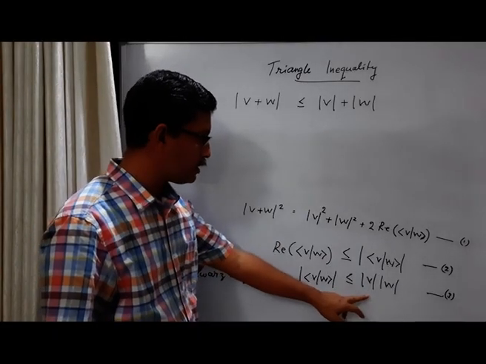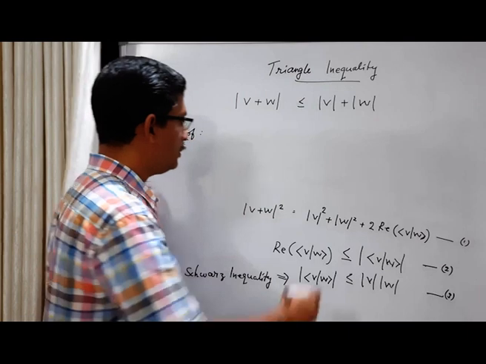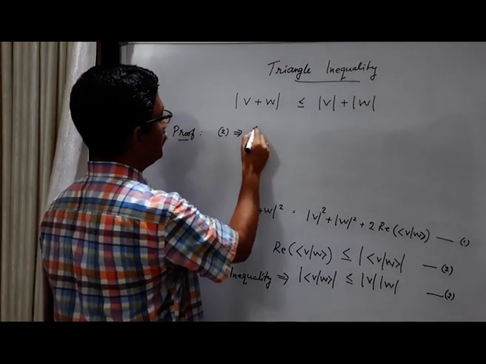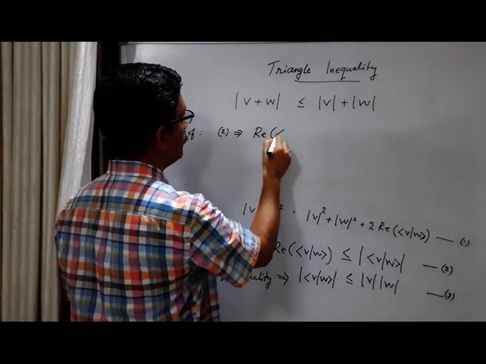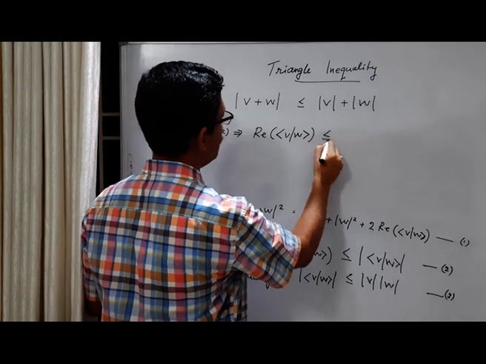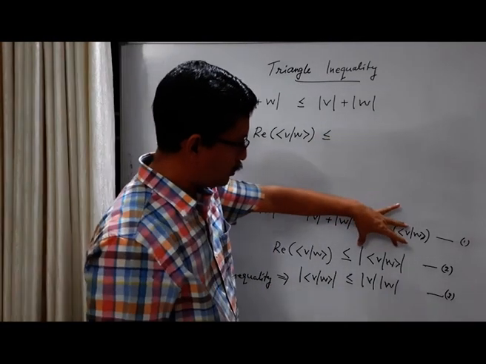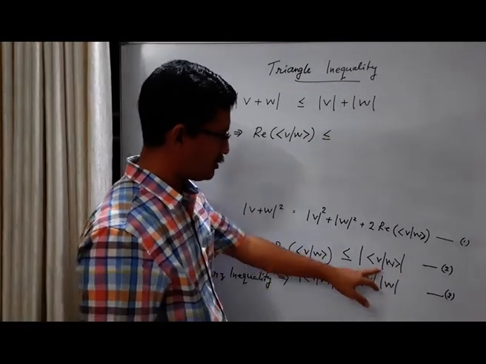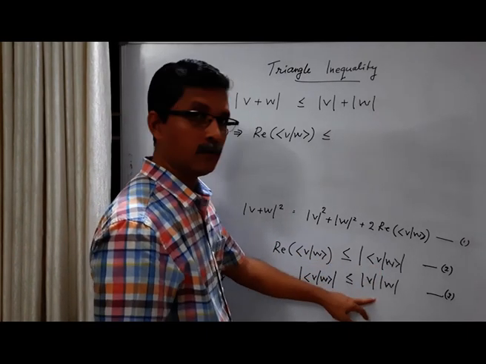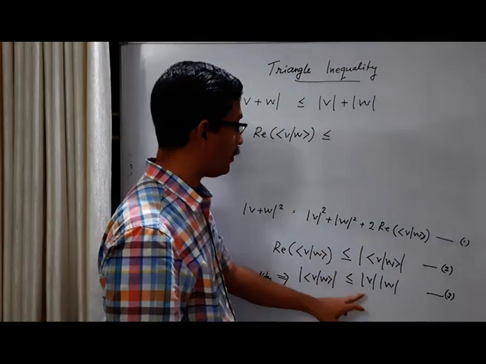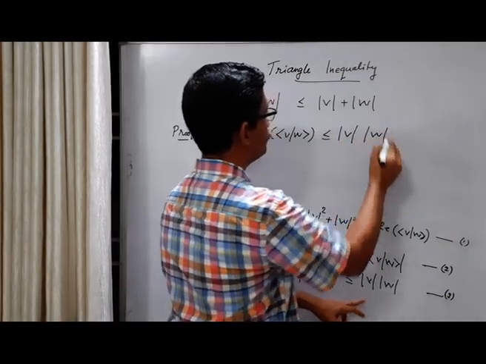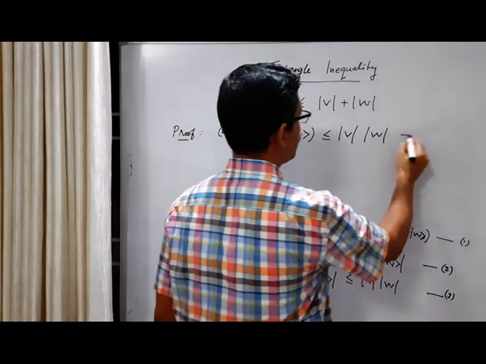If we use equation 3 in equation 2, then equation 2 becomes: the real part of the inner product between v and w is less than or equal to, instead of this we can write this. It is less than or equal to this, but this right hand side is less than or equal to this. So we can say that this real part is less than or equal to mod v into mod w. Let us call it equation 4.